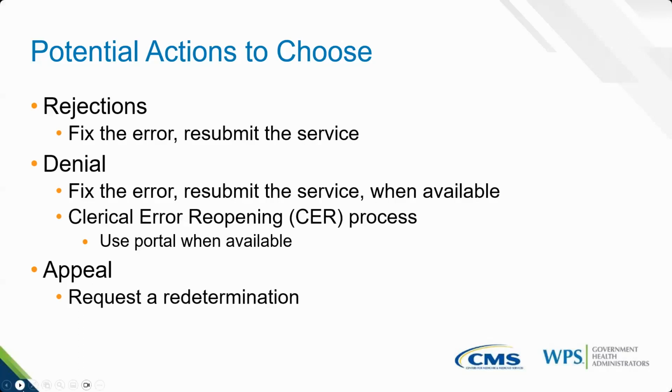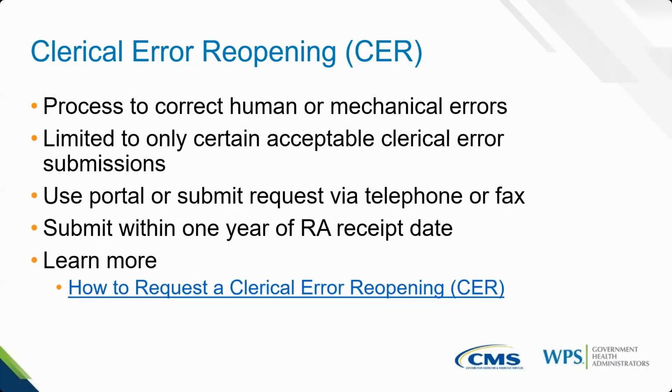I want to talk about that clerical error reopening process just for a couple of minutes. This is that process to correct human or mechanical errors. Clerical errors or minor errors are limited to those in form and content. The final bullet on this slide links to a helpful resource on our website.